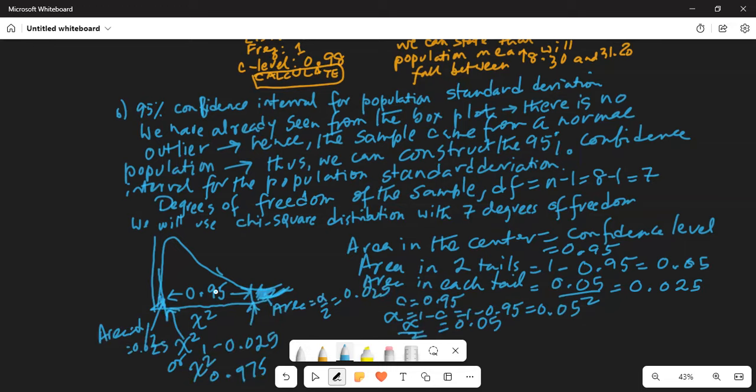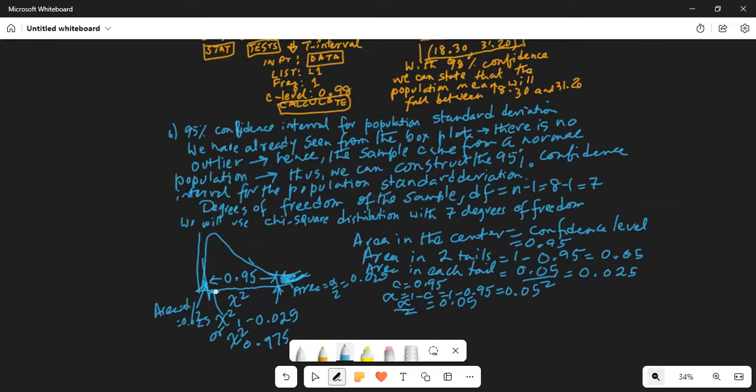Let me move up a little bit more, and I will do the right critical value. So the left critical value is indicated by chi-square 0.975, because the area to the right of this critical value is 1 minus 0.025, which is 0.975.